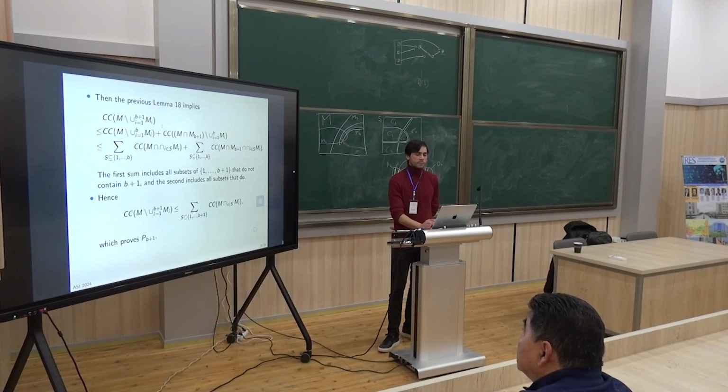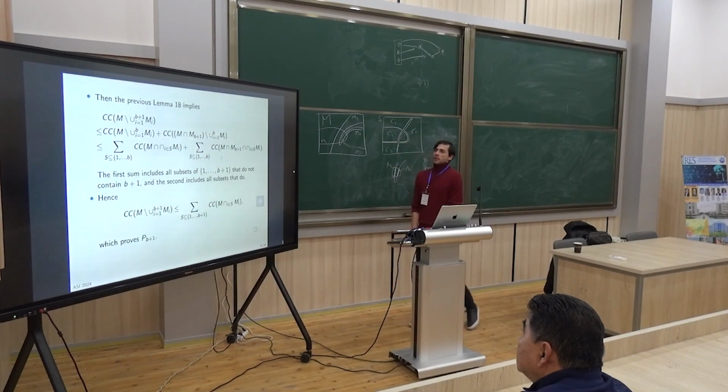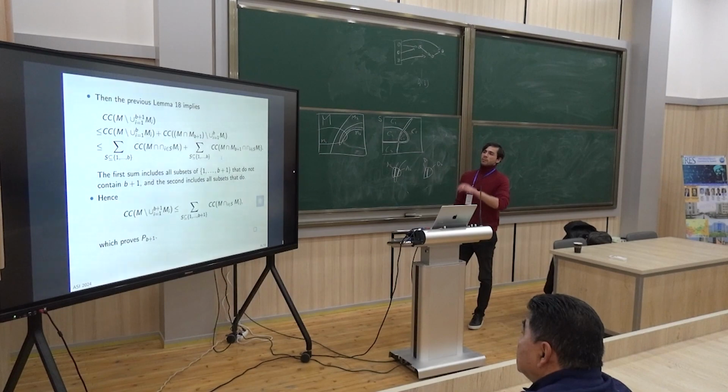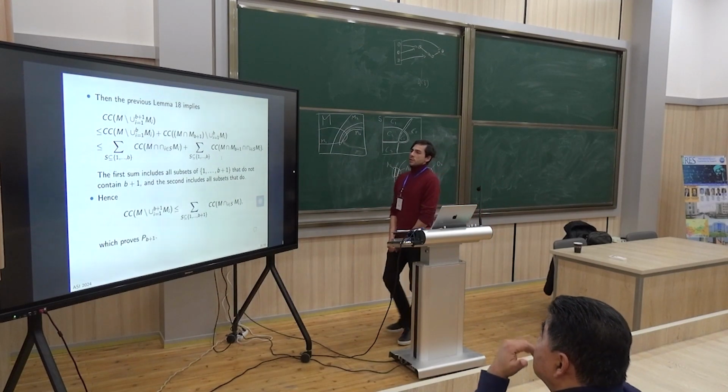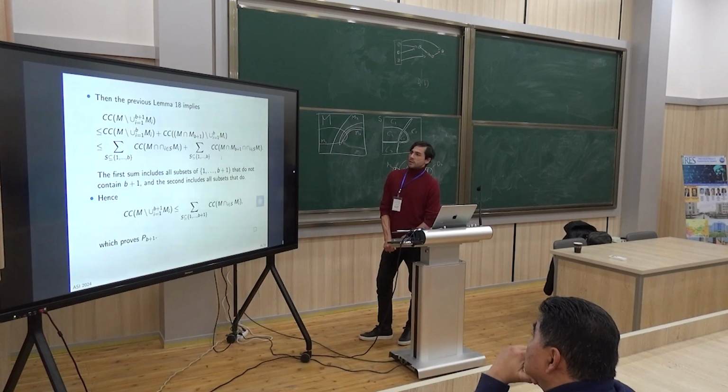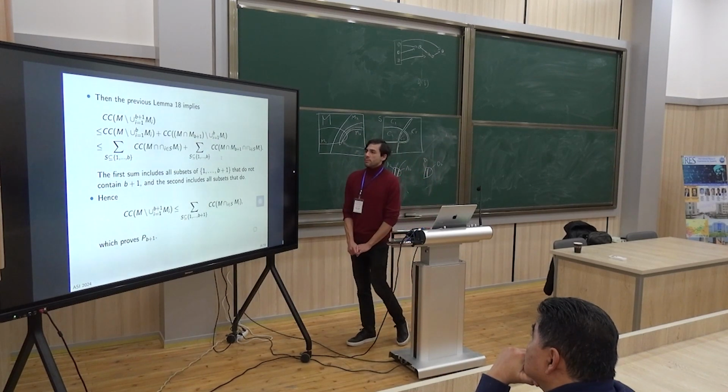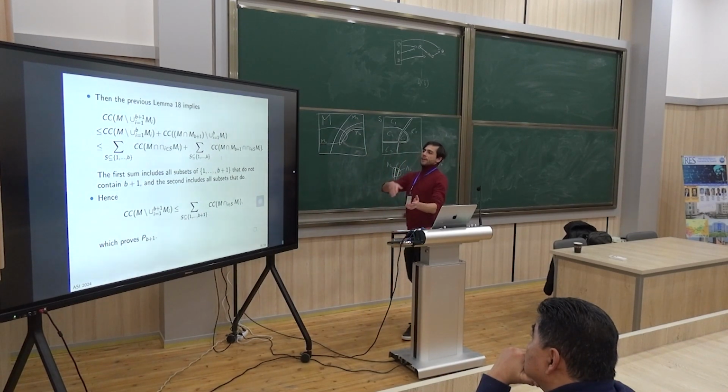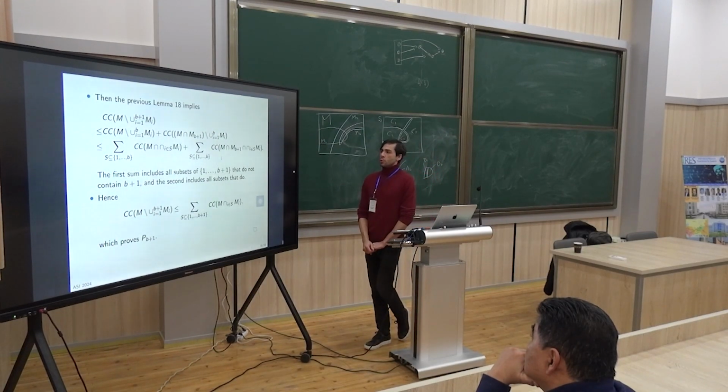that decomposition. So we insert here the decomposition, and we then see that on the one hand we have a sum that involves all the intersections that do not include the B plus 1 element, and on the other side we get all the intersections that do include it.